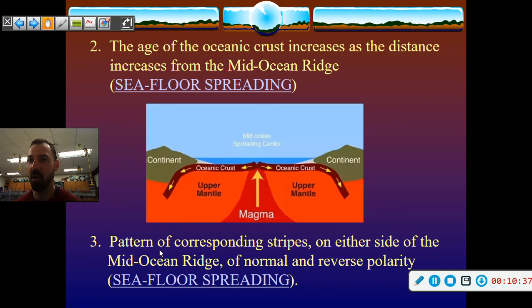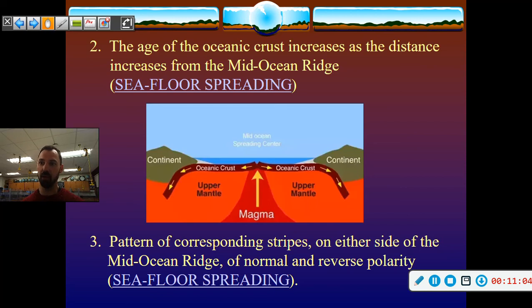All right, also there's a pattern of corresponding stripes on either side of the mid-ocean ridge. All right, we discovered what those were. They were basically a way that the rocks are measuring the magnetic polarity of the Earth, right? So where the North Pole is of the magnet or magnetic field created by the Earth.